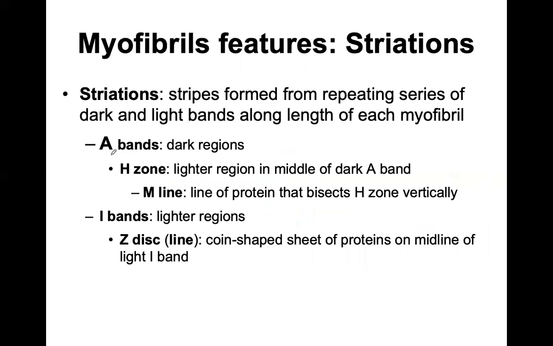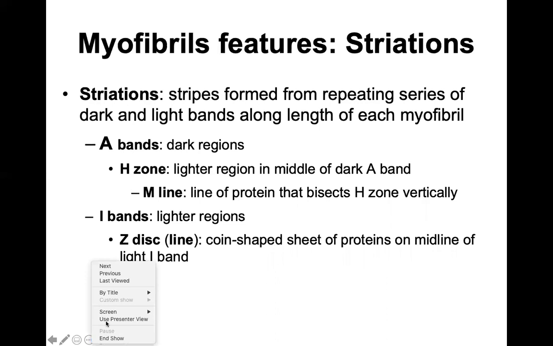And again, I'll show you guys in just a second what these are. M-line, that's basically bisects or divides your H-zone right in the middle. I-band, which is the lighter region, and then Z-disc, which are basically separating each of the sarcomeres from one another.